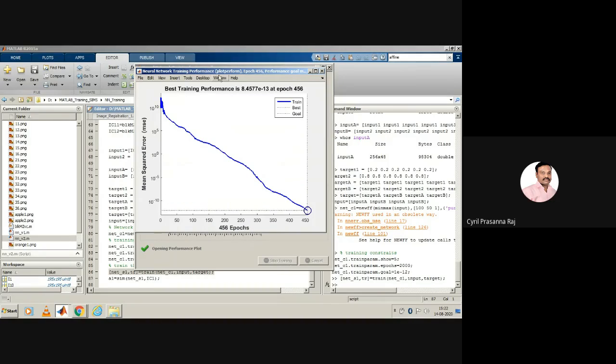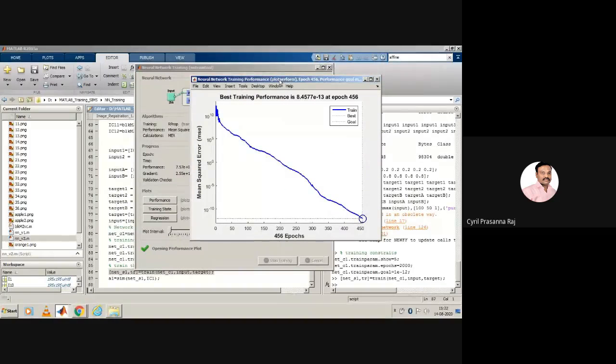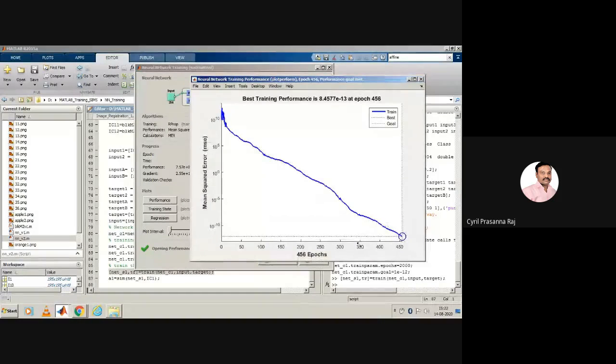If you see the network performance here, we had set the target as this, and we had set 2000 epochs. The mean square error initially was very high; it was around 10 power 10. But as we started updating the weights of the matrix because of the back propagation training, the mean square error has reduced to a very low value, and it is almost meeting the requirements of the target.